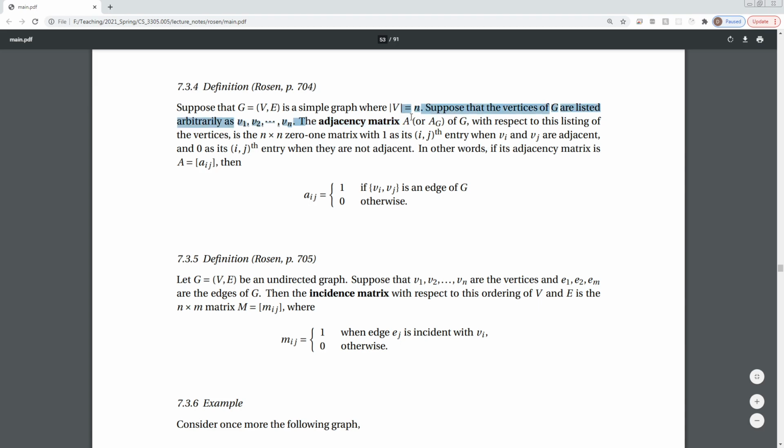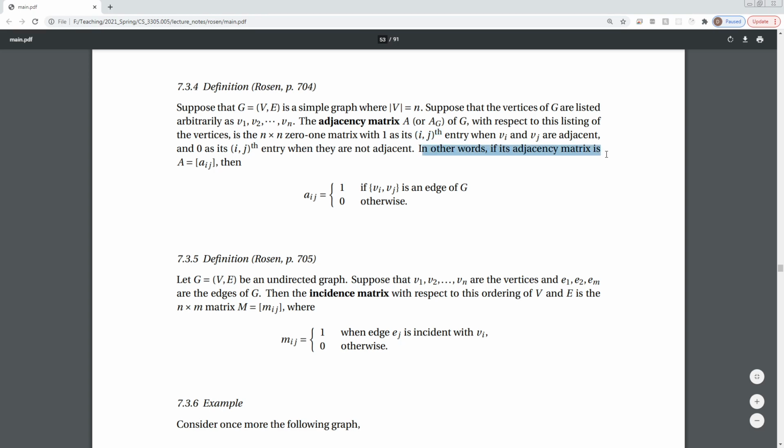Then the adjacency matrix A of our graph, with respect to this listing of vertices, is the n by n 0, 1 matrix with 1 as its ijth entry when vi and vj are adjacent, so whenever there's an edge connecting these two vertices, and 0 if there is no edge connecting them.